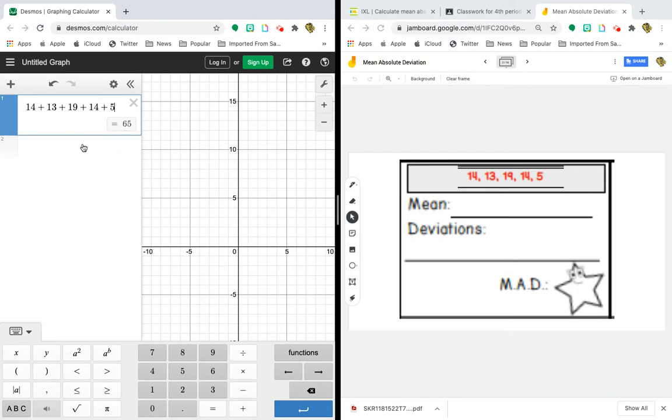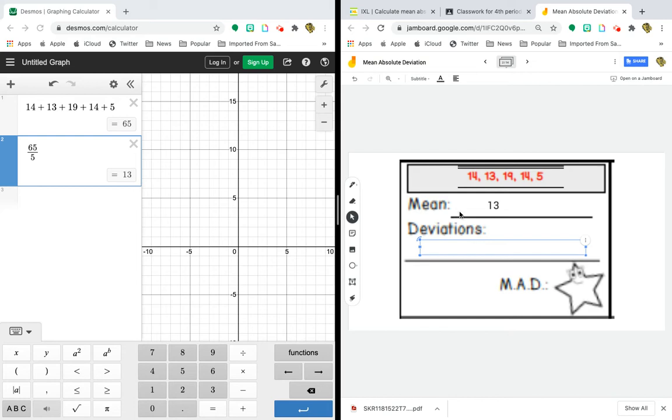Okay, and so that gives us 65, and we'll take that 65 and divide it by 5 numbers, because there was 1, 2, 3, 4, 5 numbers, which will end up giving us a mean of 13. And so that's step 1, 13. So I'll type that there.